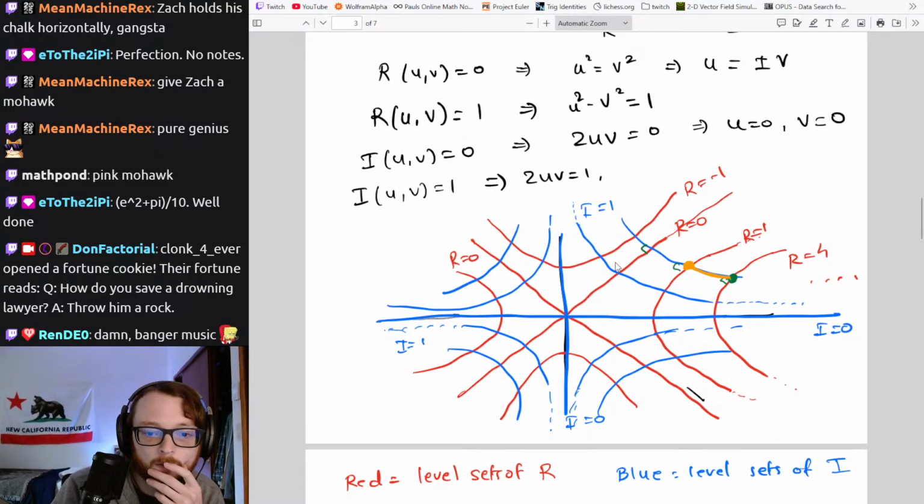So we're worried about on the imaginary bridge that we're going to draw.